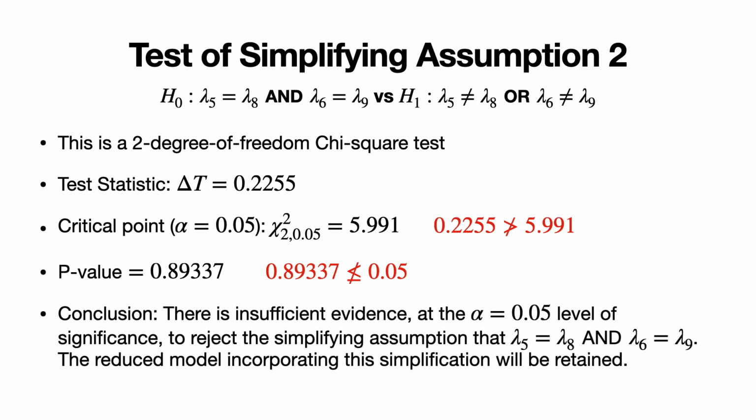And so the conclusion is that there is insufficient evidence at the 0.05 level of significance to reject the simplifying assumption that lambda 5 and lambda 8 are equal and lambda 6 and lambda 9 are equal. The reduced model incorporating this simplification will be retained.